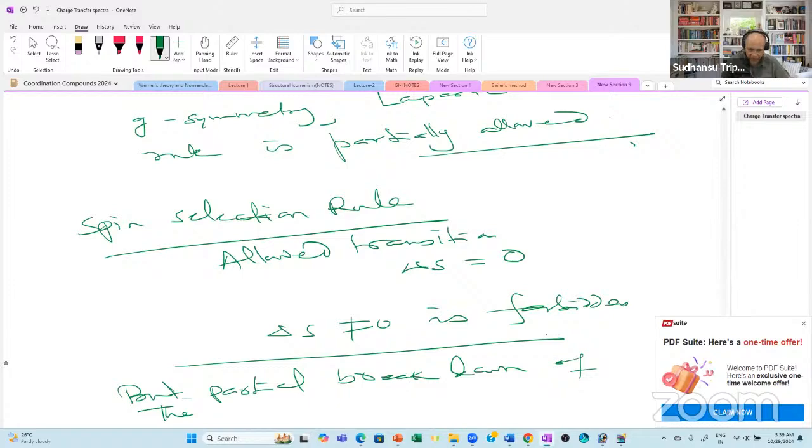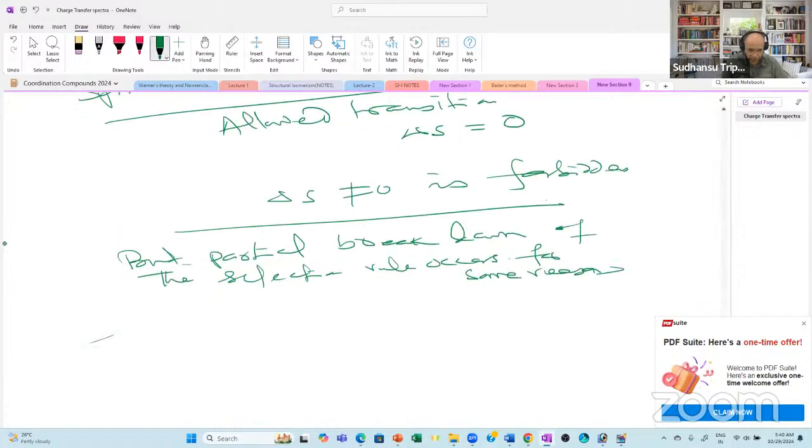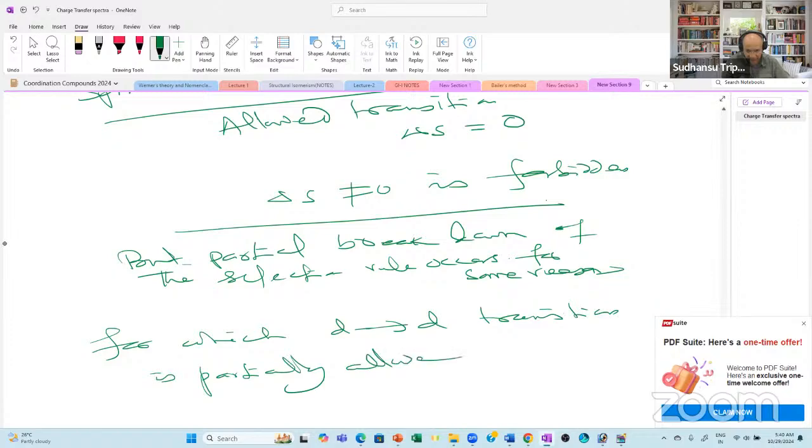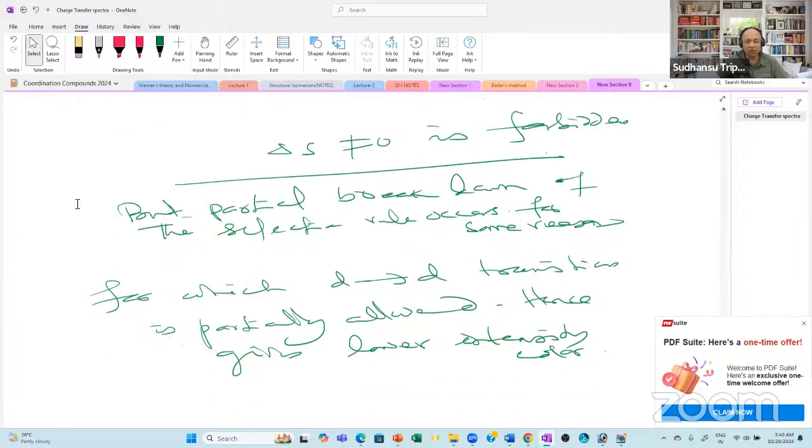Those reasons will not be written down here. It's not required at all. For some reasons, d-d transition is partially allowed, hence gives lower intensity peaks, light color.